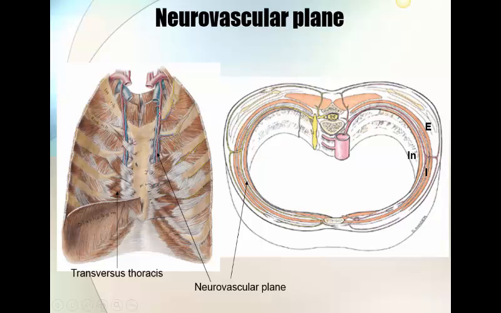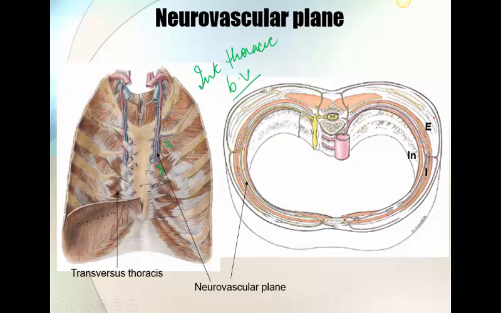And here anteriorly, these are blood vessels which are known as internal thoracic blood vessels. We will be looking at these before, but I just want you to pay attention to this, seeing that this neurovascular plane is between layer number 2 and layer number 3.